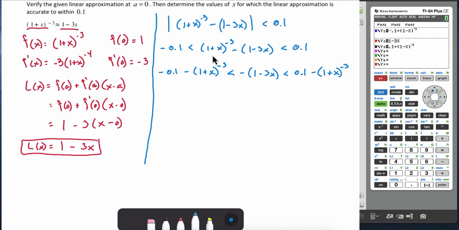From here, we need to divide by negative 1 to get L by itself. That's going to change all the signs of every term. It will also change the direction of the inequality.